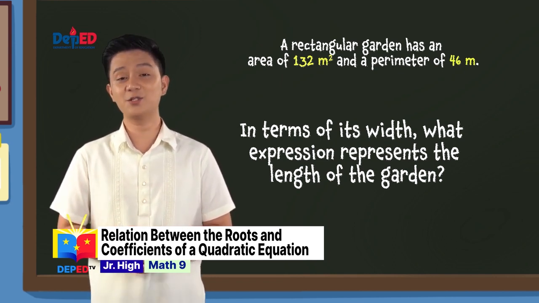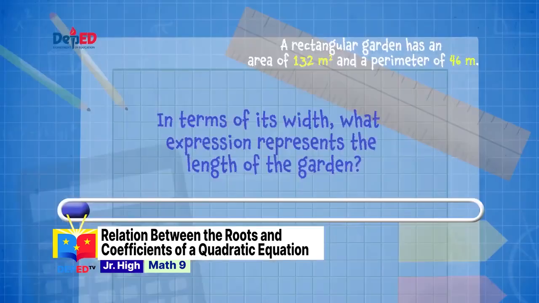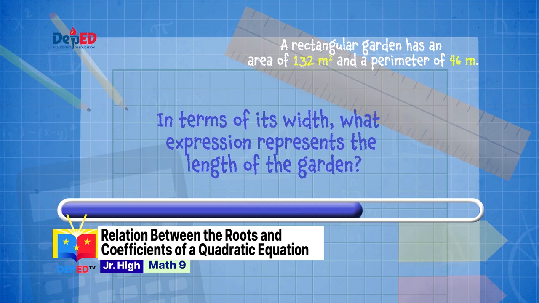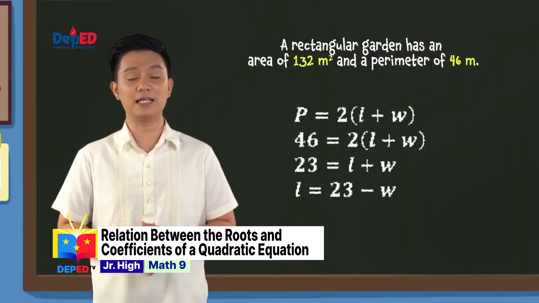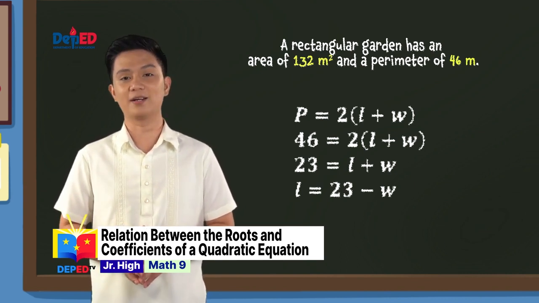For 15 seconds, go! And time is up. The answer is, the length is equal to 23 minus W.